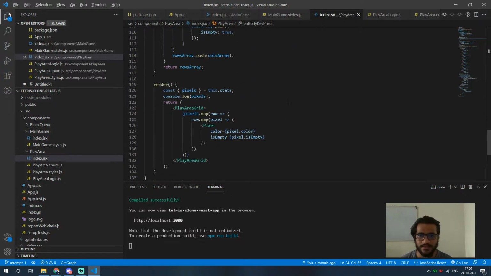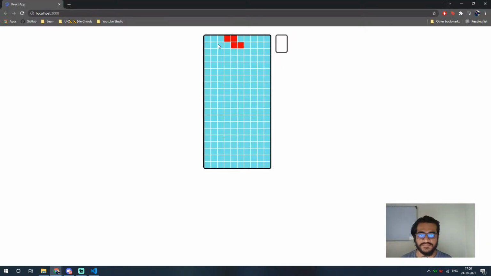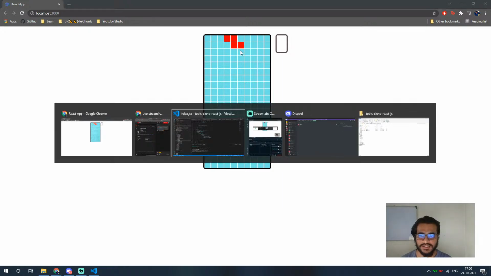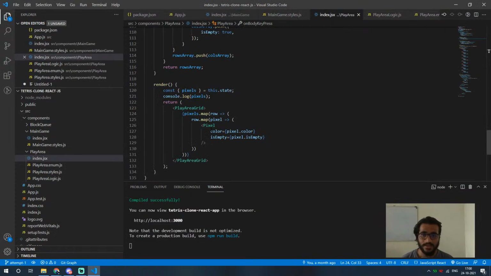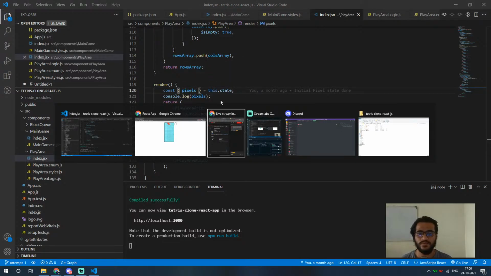The play area renders all the colored pixels that are on the screen, and the logic behind the play pixels is that we show a certain color on a div.